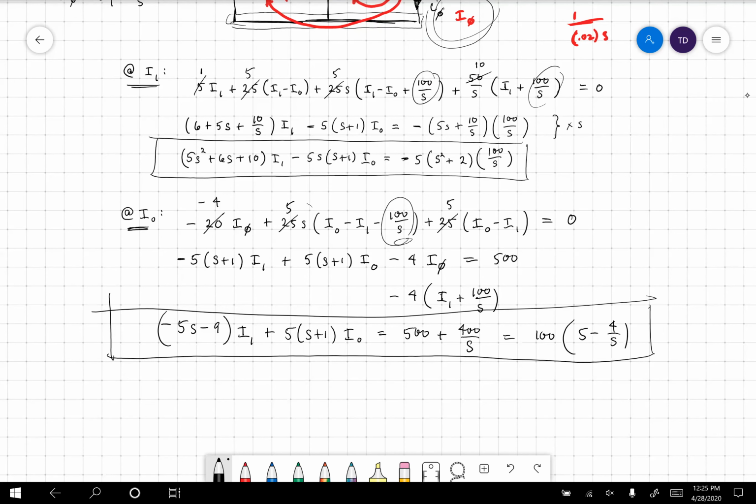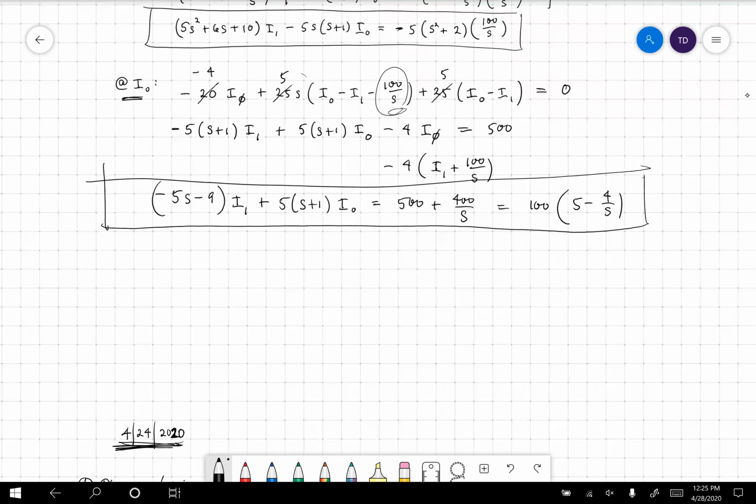In Laplace world, it's usually going to be easier if you take your information that's there and go right into Cramer's rule. So let's go ahead and go into Cramer's rule. So I0 equals, let's see what we have in the denominator. 5s squared plus 6s plus 10. I can see the ugliness coming up.